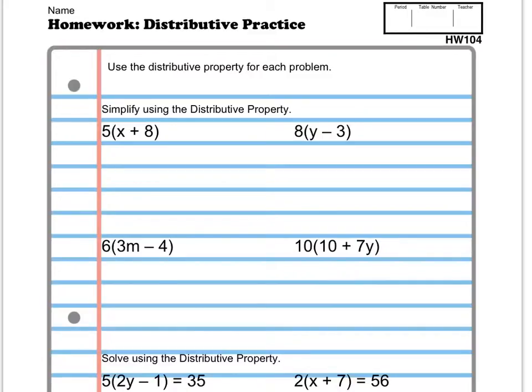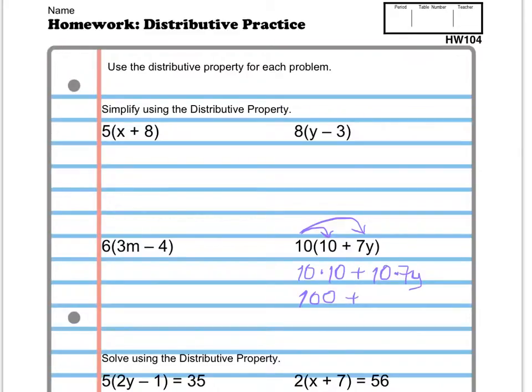Okay, so I'm going to distribute 10 into each of the terms inside the parentheses. So I get 10 times 10 plus 10 times 7y. Okay, that's supposed to be multiplication there. So 10 times 10 is 100 plus 10 times 7y.